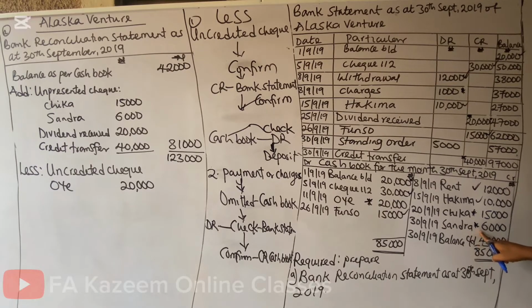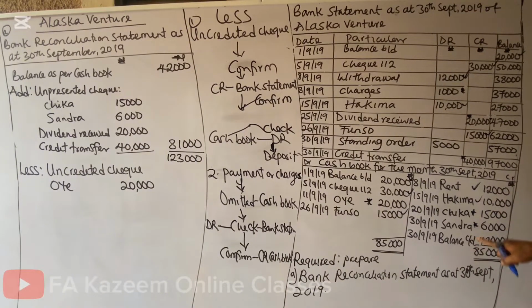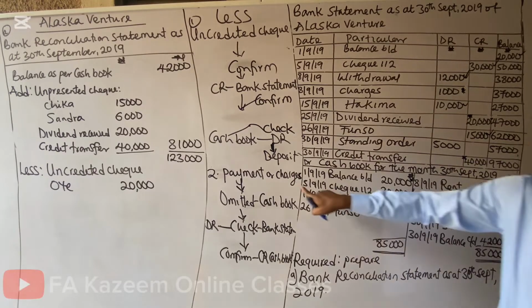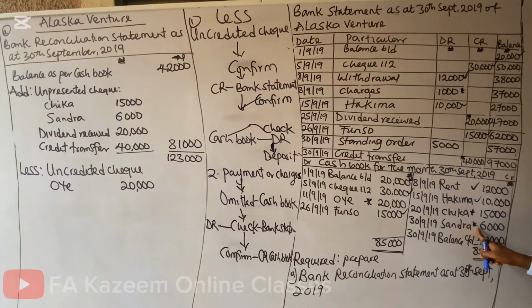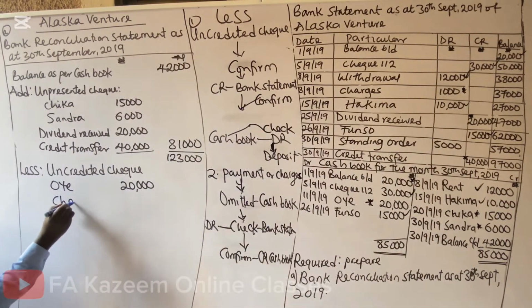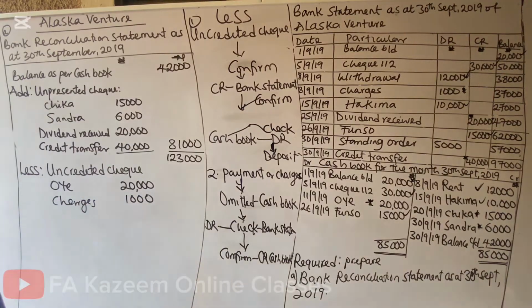Now that it was omitted in the cash book and we were able to arrive at 42,000, in the reconciliation, you will now deduct. Meaning there's a payment or charges, but it has been omitted. And if it's not omitted, it will have been deducted. What do you do? You deduct the charges. That's 1,000.